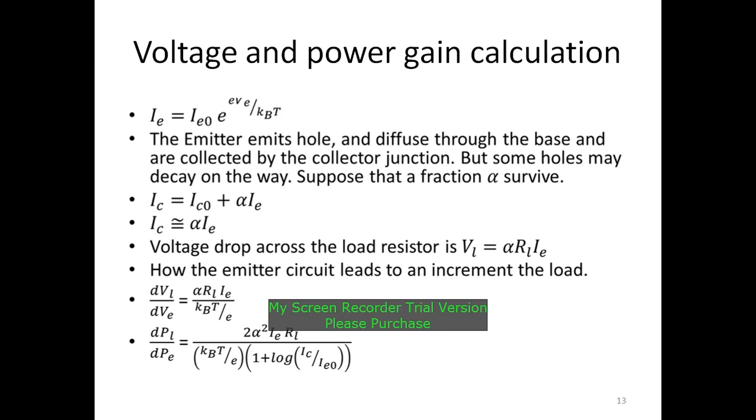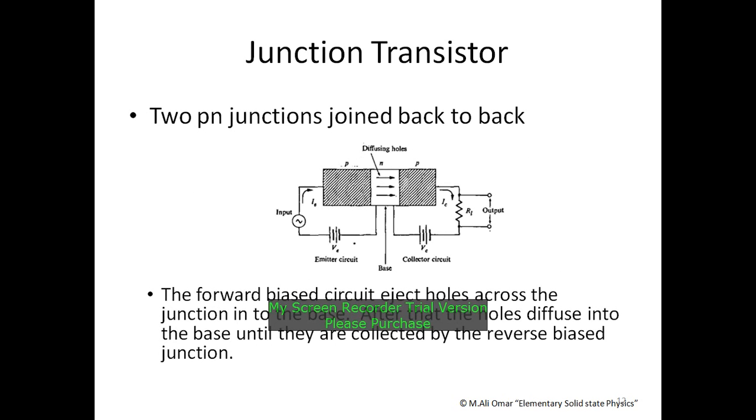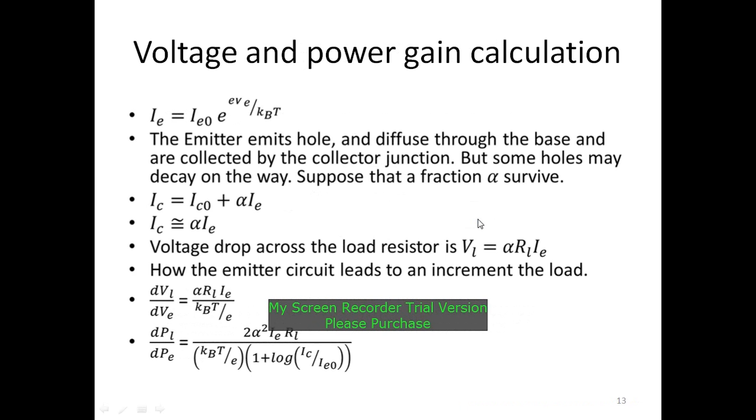So if we go back and see our circuit, we have a load here, RL, and the potential on this load is IC times RL. That's what I have written here. So I represented IC with alpha times IE.